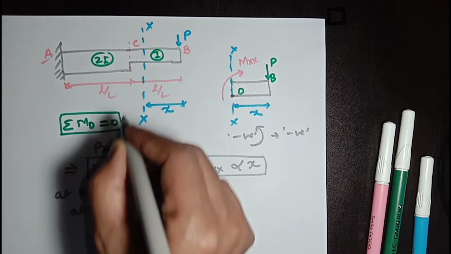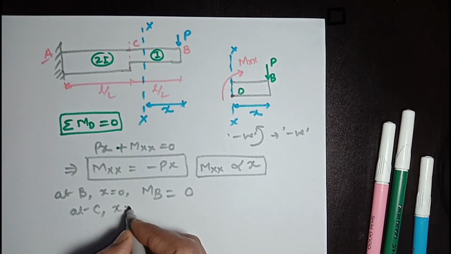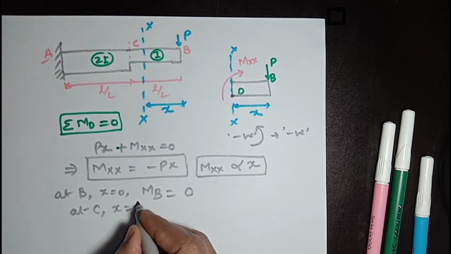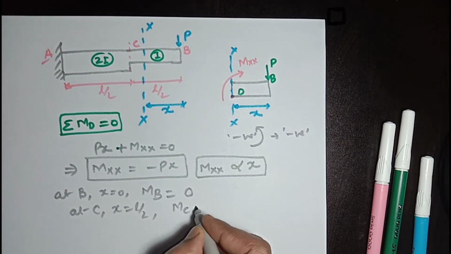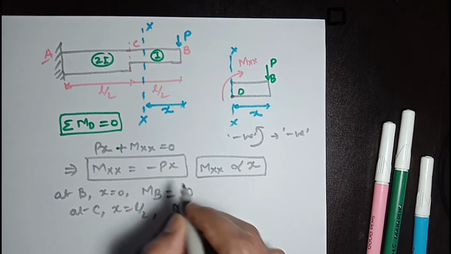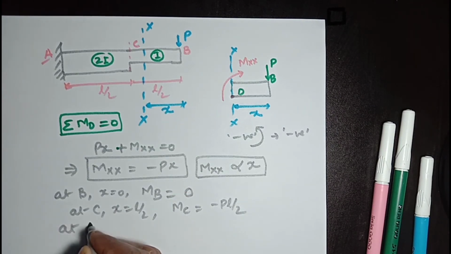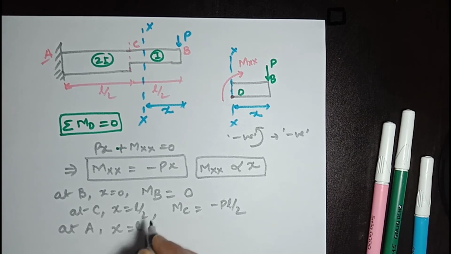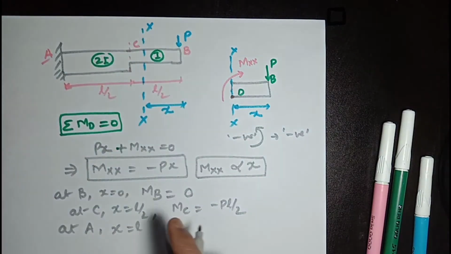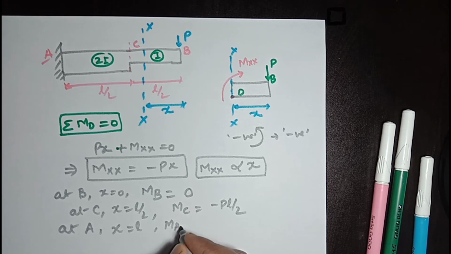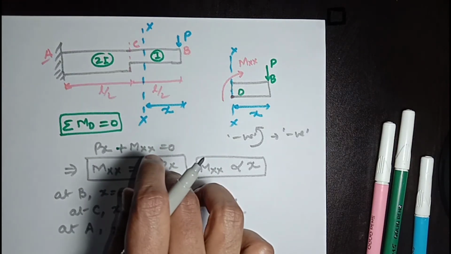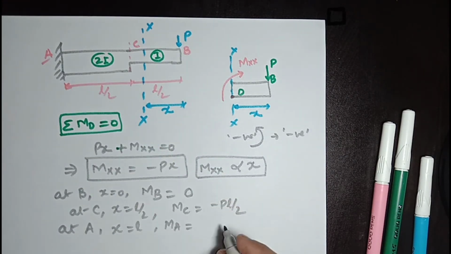At C, x will be L by 2, half of this length, so MC, moment at C, will be minus PL by 2. At A, x will be L, the total length of this beam, so MA, moment at A, from this expression, will be minus PL.